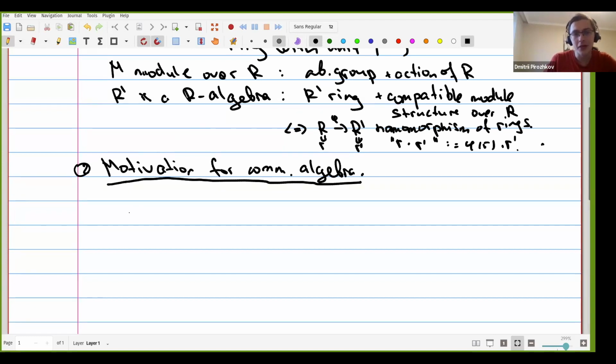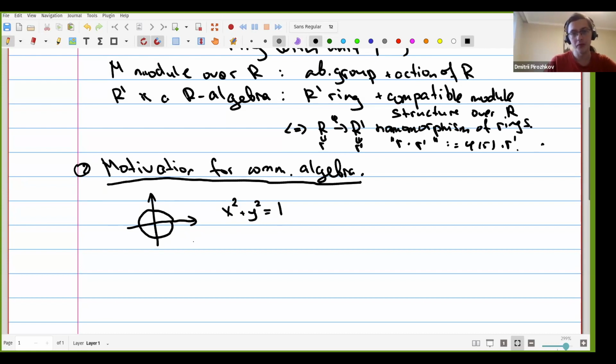So one thing that people started doing a long time ago in mathematics is to study polynomial equations. For example, a very well-known equation, x squared plus y squared equals 1. If you draw the graph of this equation on the real plane, you will see a unit circle.